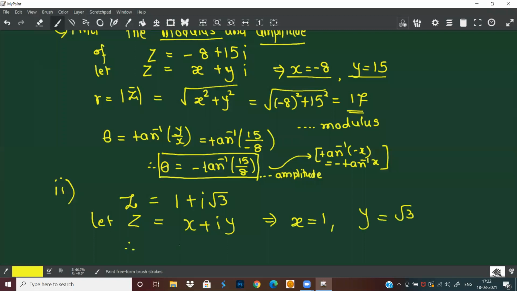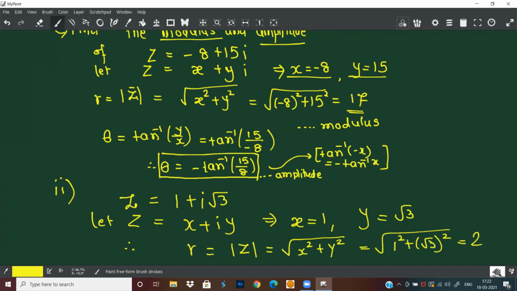Modulus and amplitude you have to find. Modulus is 2, everyone got it.